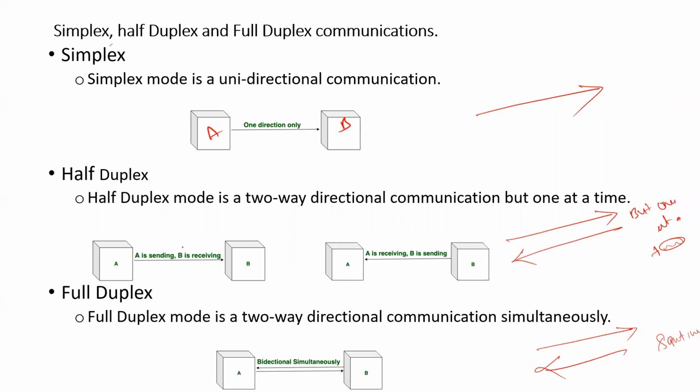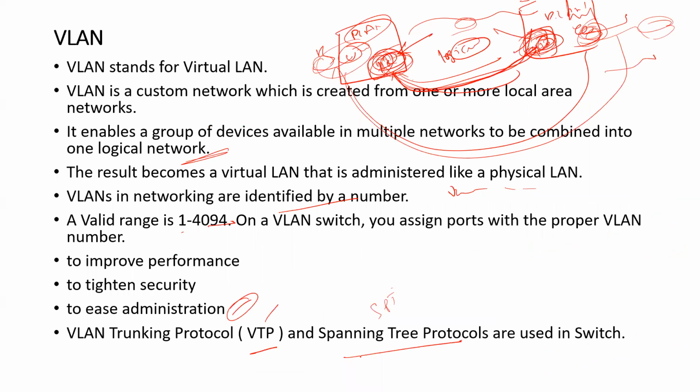If A is sending, B receives; if B is sending, A receives. In full duplex, both can send traffic bidirectionally and simultaneously, with no restrictions.